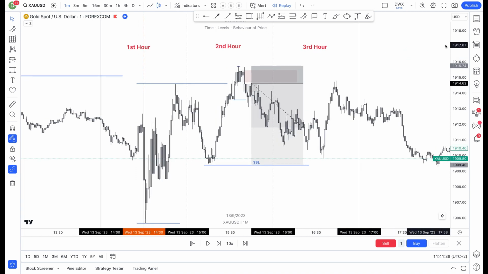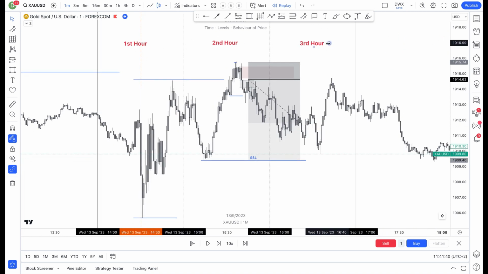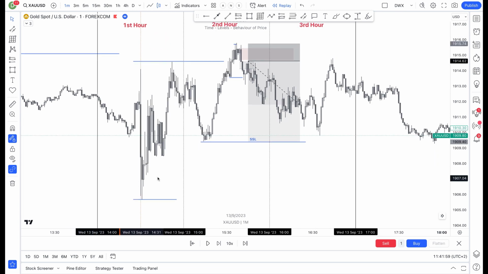We either will get a trade in the first, second, or third hour, and most of the times, the trade setup tends to happen in the second or the third hour, and I think that is quite important to know. Looking then at what does the second hour do with the information that's provided in the first hour of the session.